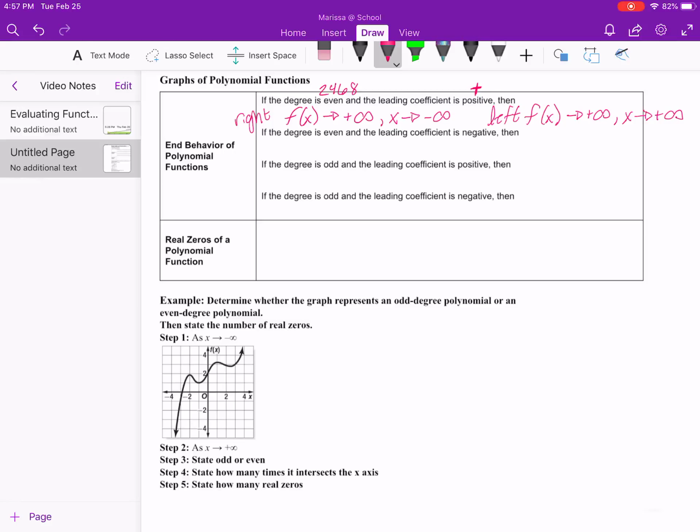As your graph approaches positive infinity, your x values will approach negative infinity, and then vice versa for the left side.